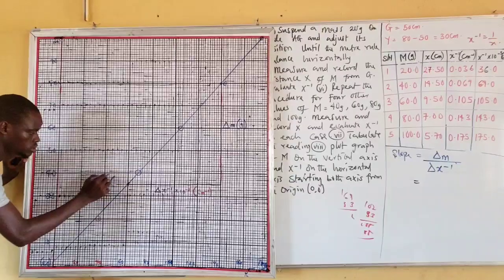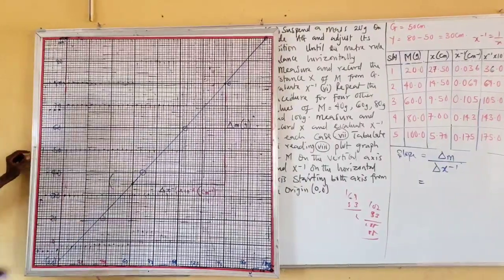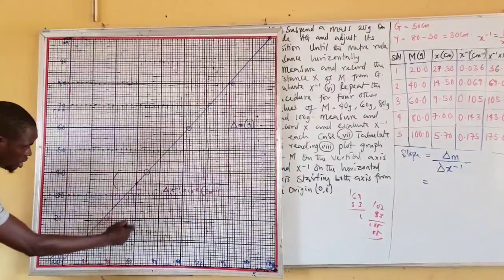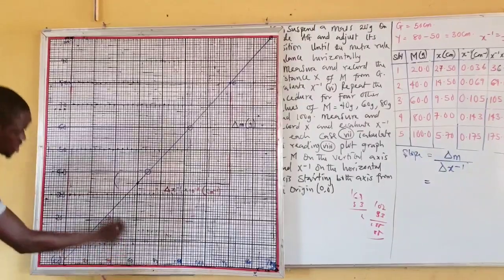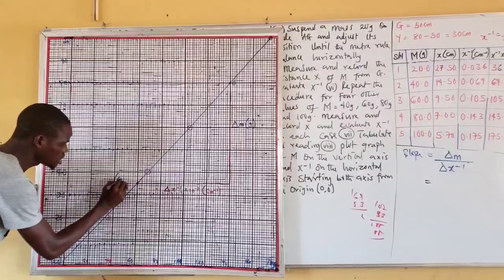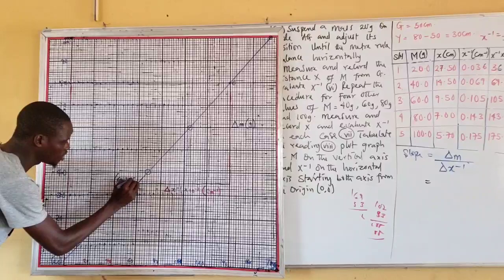Sorry, let me use this big one. Now, the coordinate of this point along here should be 60. So it is 60, 30.5.